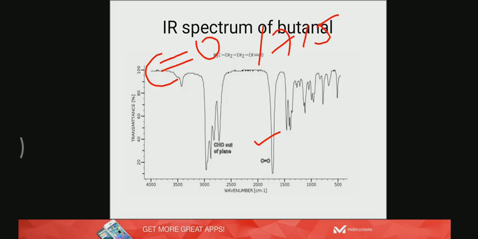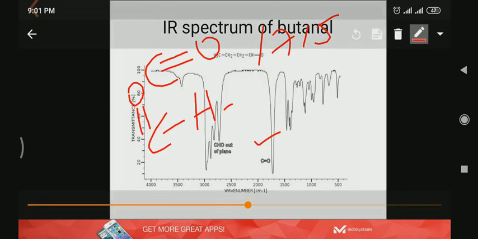In addition, for aldehyde, there will be a CH stretching peak for the aldehyde CH. It is not the aliphatic CH. The CH of the CHO group is very characteristic, and it gives two peaks, one at nearly 2800 and another at 2700.